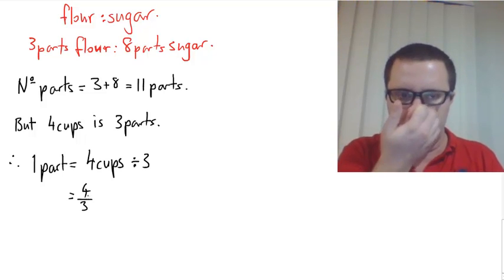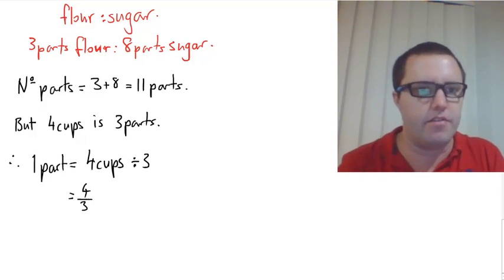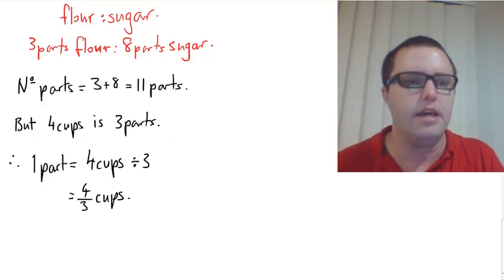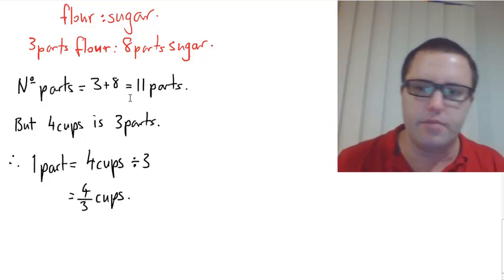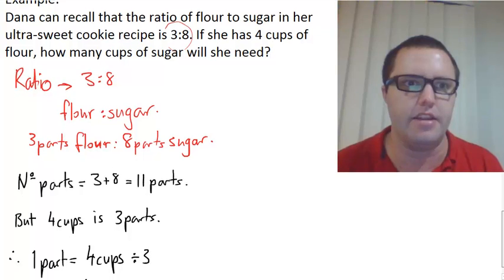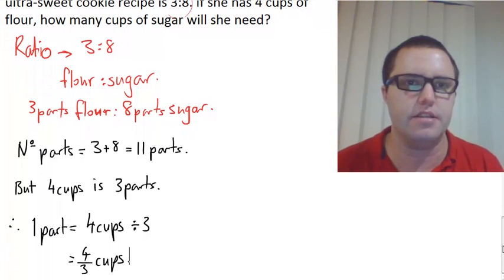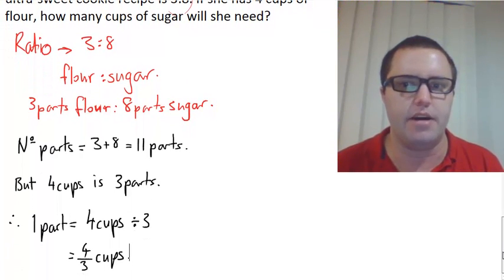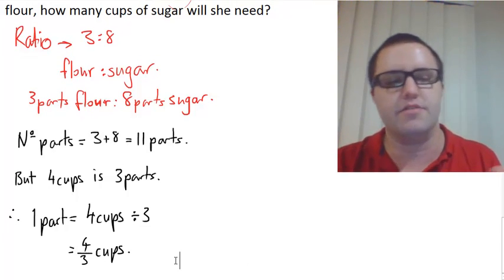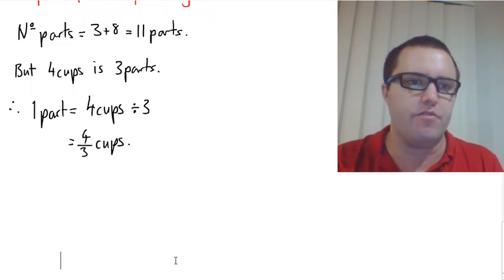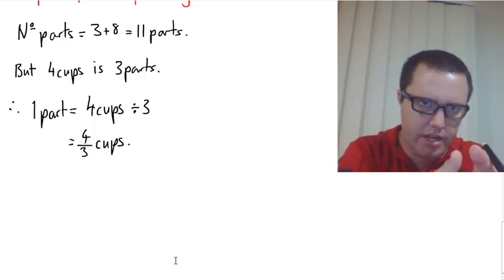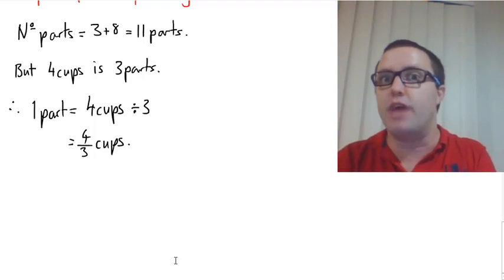Now that we've got the 4 over 3 cups, we've got 1 part. We needed to find out how much sugar she needs. So our ratio is 3:8. Sorry, for every 3 parts of flour, there are 8 parts of sugar. Now that we've found the amount of 1 part, we've gone from 3, reduced down to 1, and now we need to expand back out to 8.